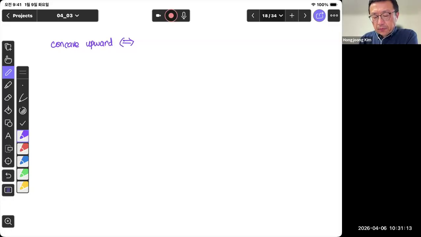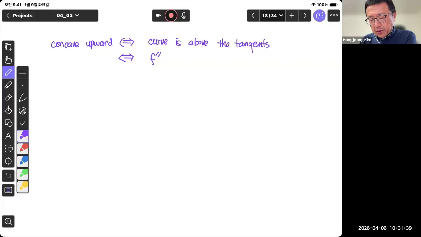If the graph of the curve is above the tangents on a certain interval, then we say the function is concave upward, and that happens when f double prime is positive.